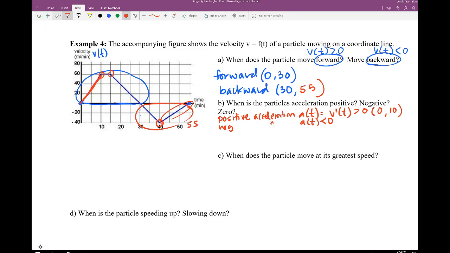Could we say that this is positive, down here in the bottom? Yeah, for sure. That is also positive, from 40 to 55. So it's positive acceleration from 0 to 10 and 40 to 55. Negative acceleration is when the derivative, the slope, is negative. So let's look at a couple of negative. Would you agree? It's negative from here all over here straight through.